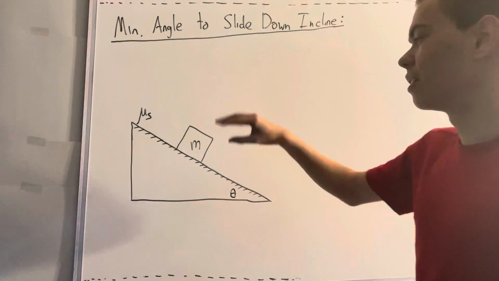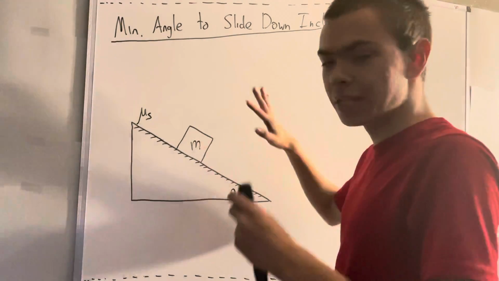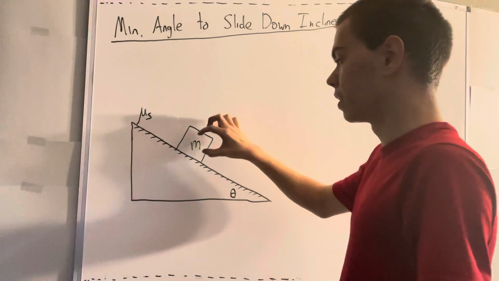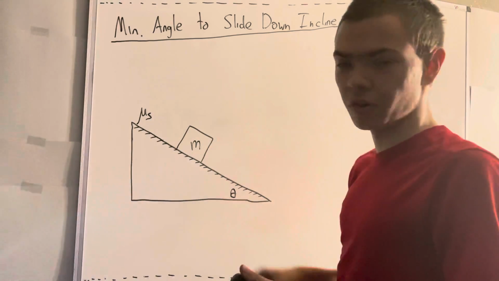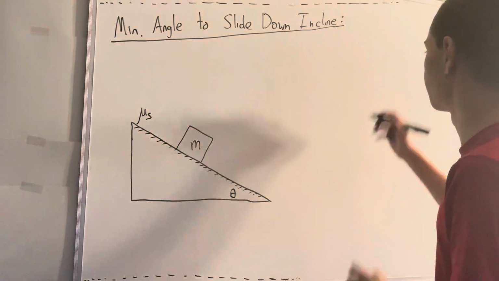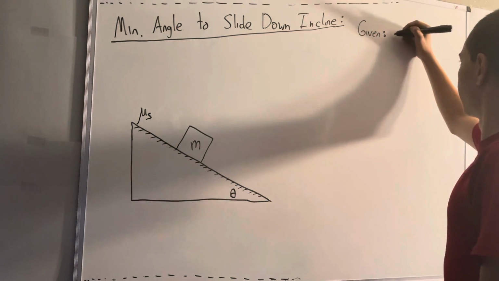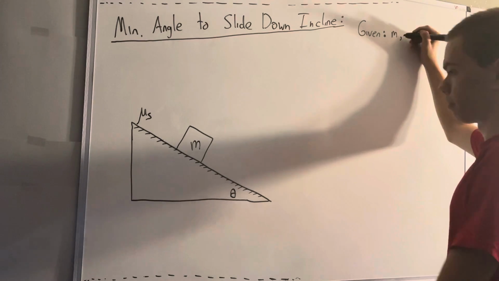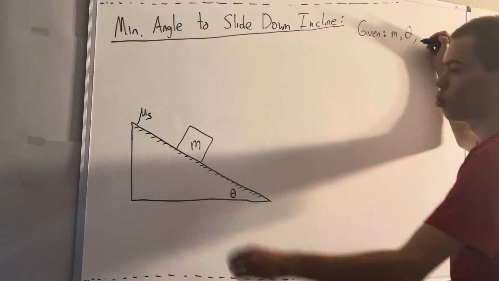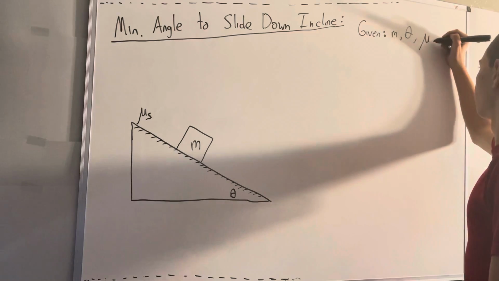And basically, because this block is undergoing static friction, meaning this block isn't going to move. It's just going to stay where it is. So basically, these are the three things that we were given, right? We were given m, theta, and the coefficient of static friction, mu s.